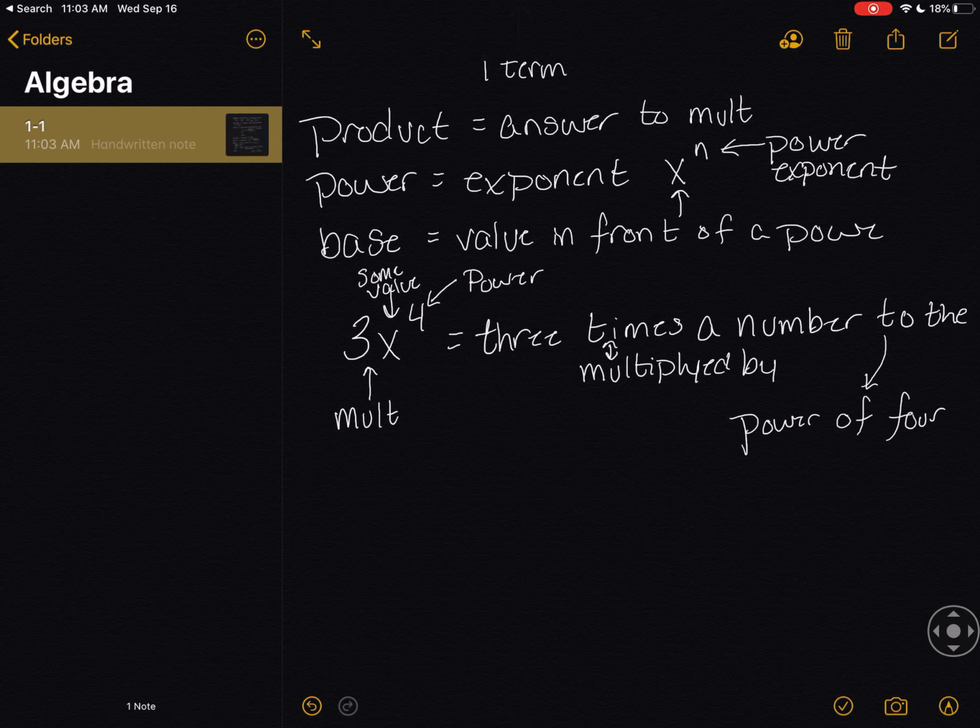Another way you could say this is 3 times x to the 4th power. You could have said that that number is x itself, or you could have said a variable. Any of those things would have worked.